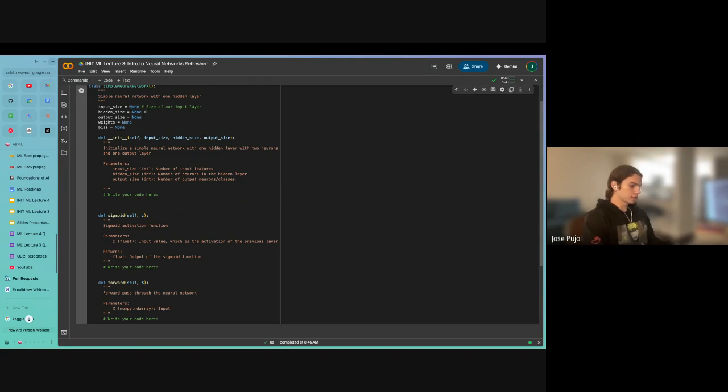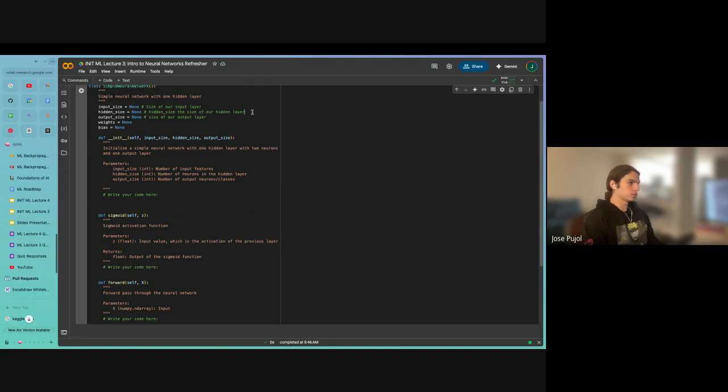Then we're going to have hidden size, which is the size of our hidden layer. And output size, as you might tell, is the size of our output layer.